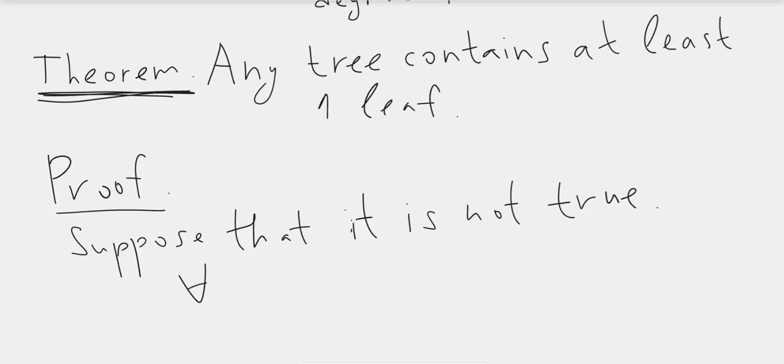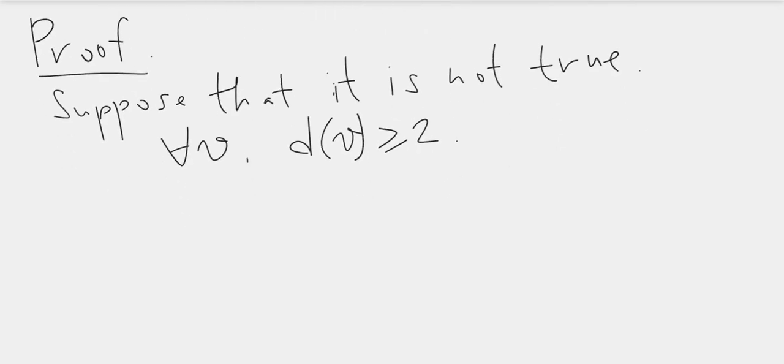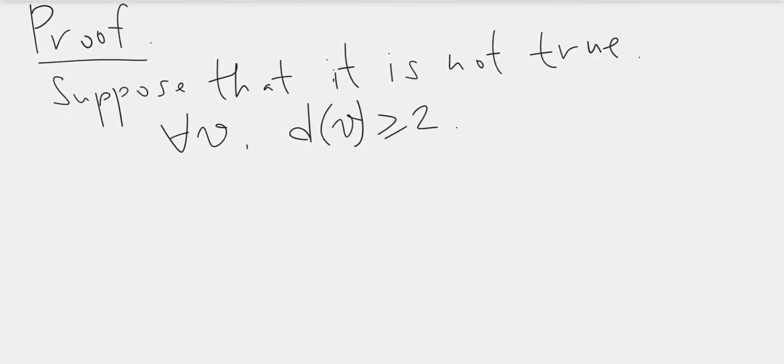So for any vertex in the tree, the degree of this vertex is greater or equal than 2. So this means that, okay, we are going to construct a path in the tree.